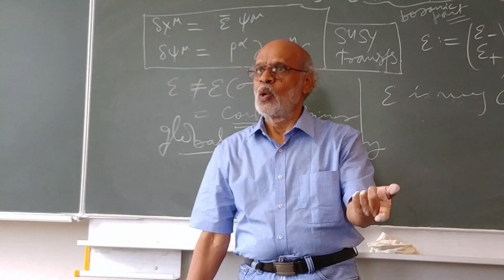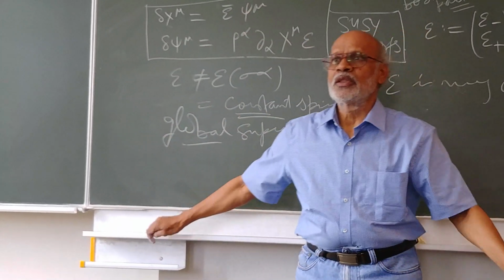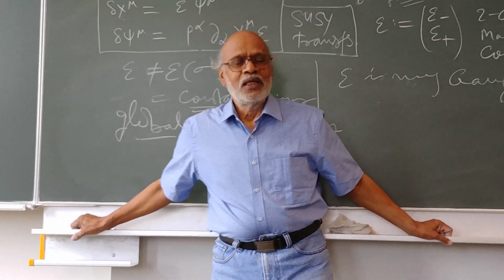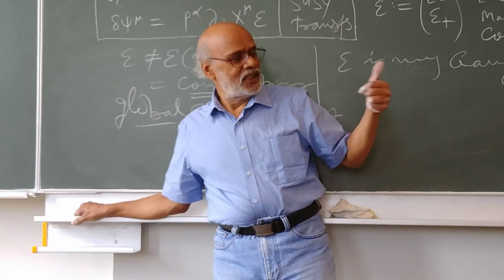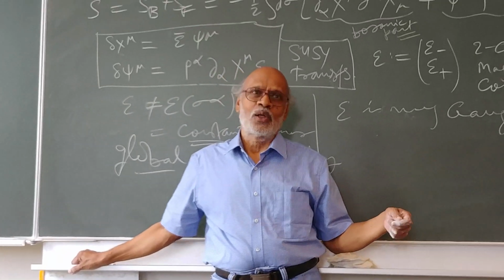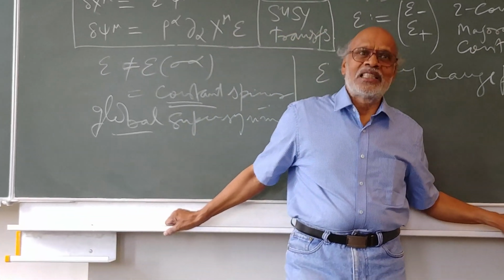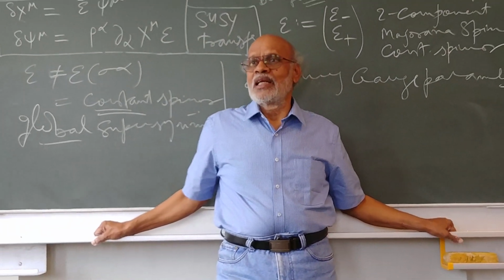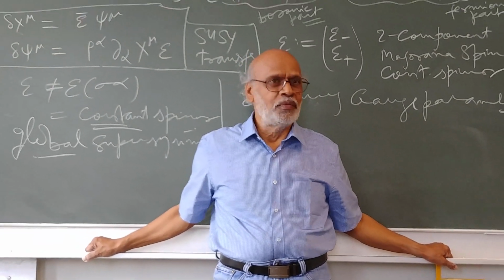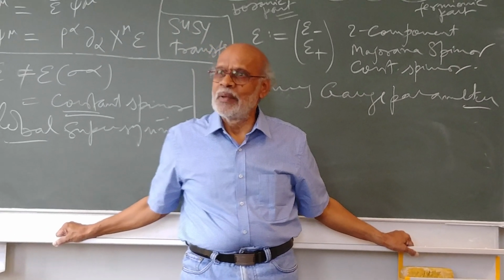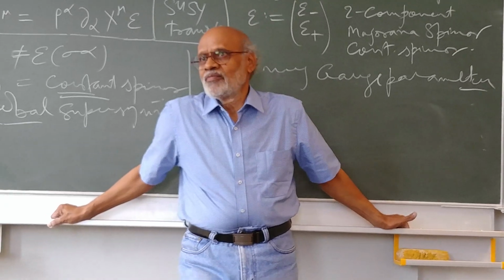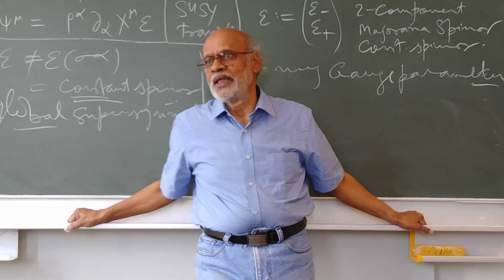So local versus global. So we work with global supersymmetry. It's not necessary that a theory which is invariant under global symmetry would also be symmetric under local supersymmetry. Maybe not. Okay? Maybe not. It depends on what kind of theory it is.